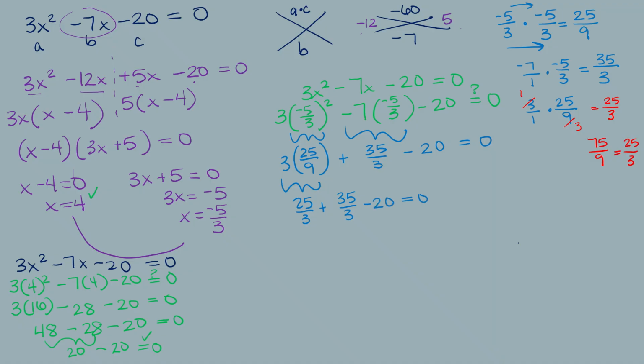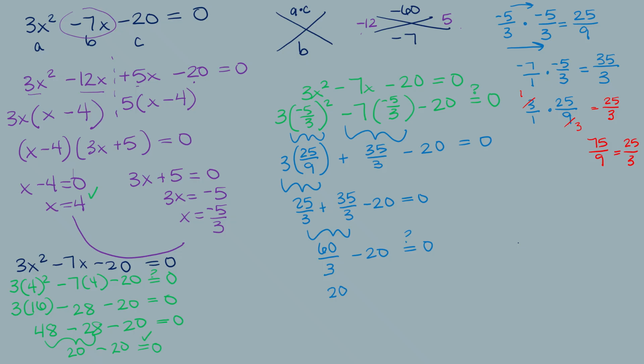And this part is almost getting there. When you're adding fractions and they have the same denominator, you just add the numerators together, and 25 plus 35 is 60. So you have 60 over 3 minus 20, and again, we're still trying to check that this equals 0. When we have 60 divided by 3, we know that is just 20.